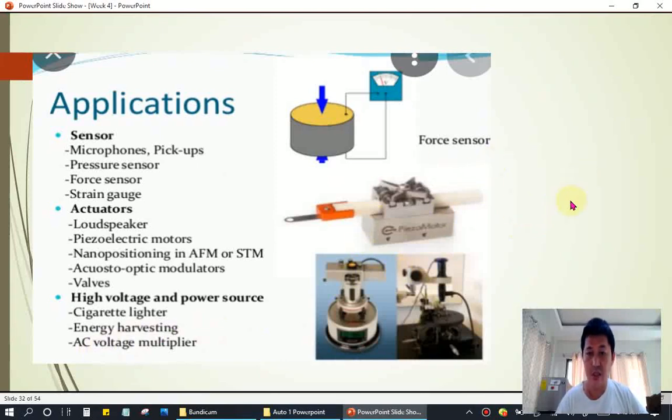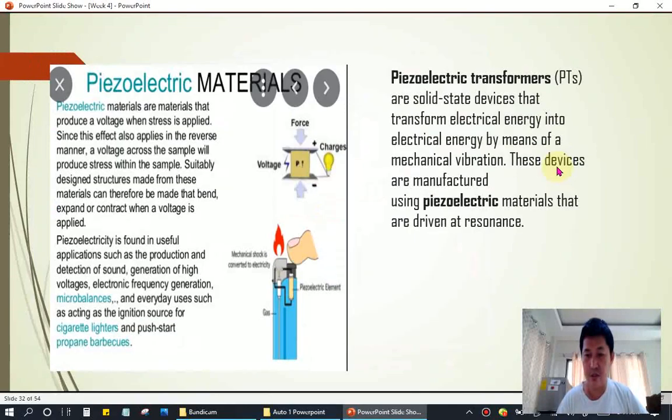As you can see here, these are examples of the application. Here, we mentioned the application which is the lighter.